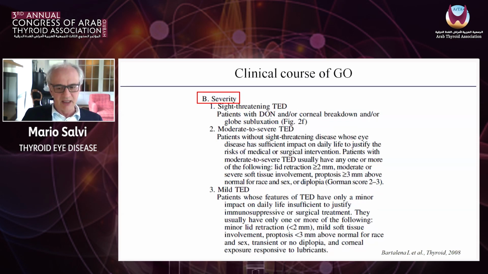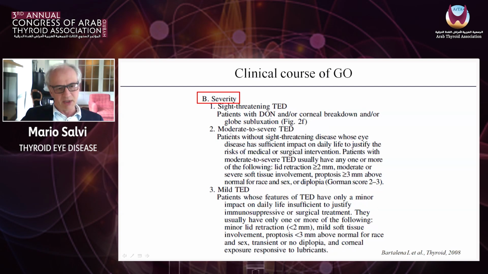This classification of severity has been proposed by a consensus document of the European Group on Graves' Orbitopathy in 2008. We define sight-threatening thyroid eye disease when we have mostly optic neuropathy or corneal breakdown. We define mild TED when the features of TED have very minor impact on the patient's life.